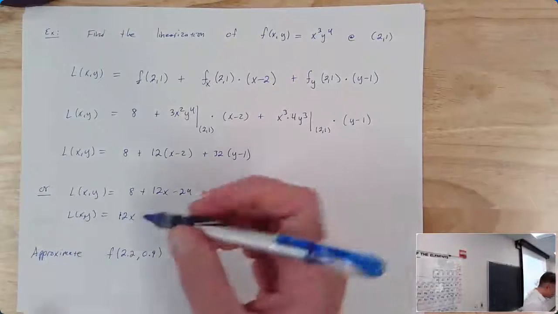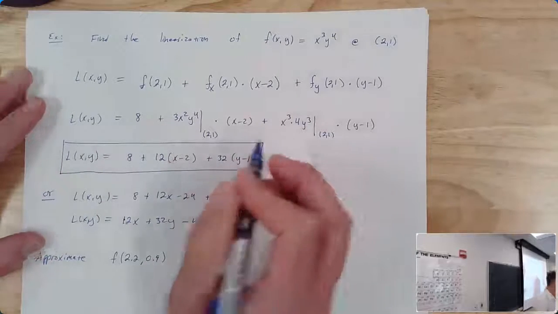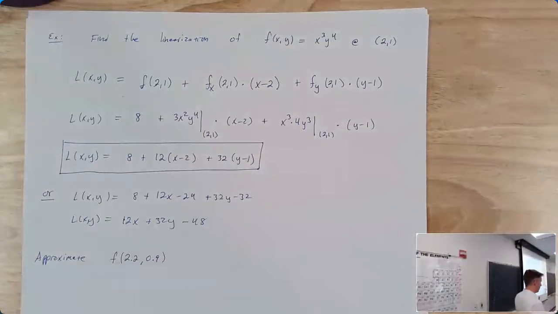So if you write it in this way, where you don't distribute those coefficients and leave x minus whatever and y minus whatever alone, you're going to be in a better situation if you're being asked to then approximate some value of the function.